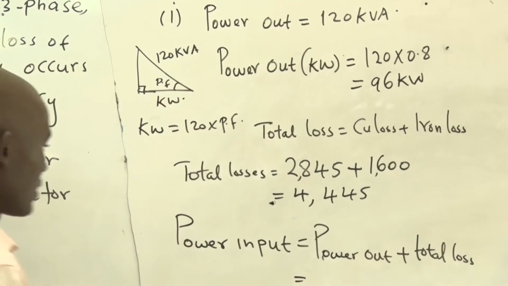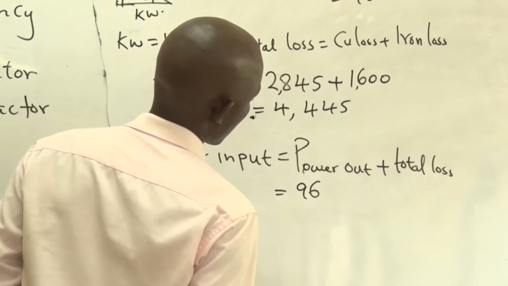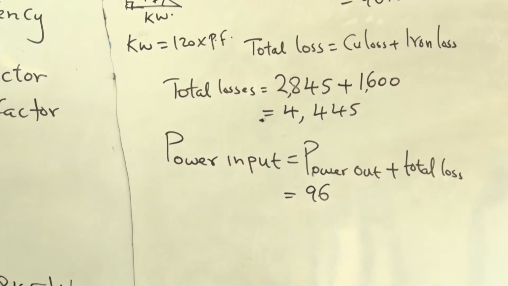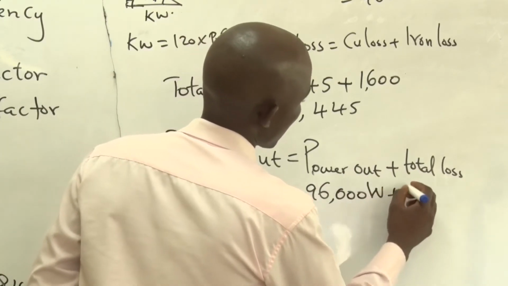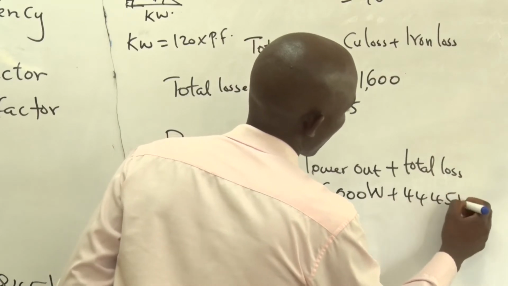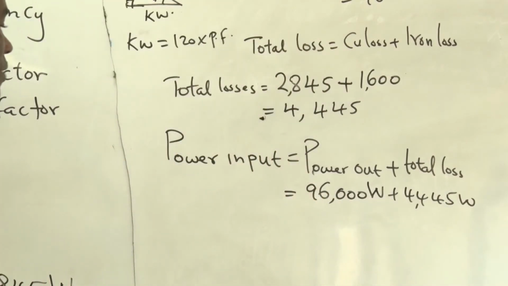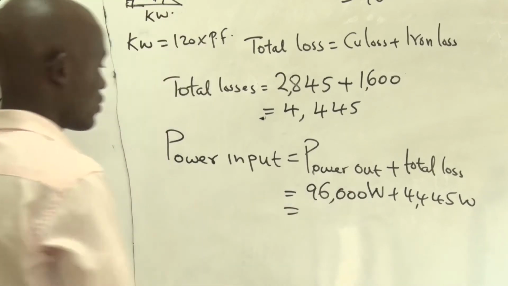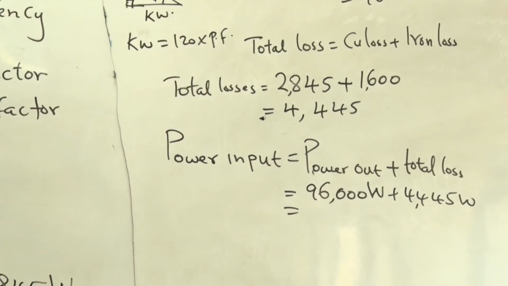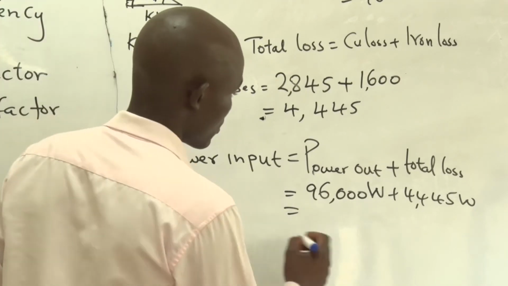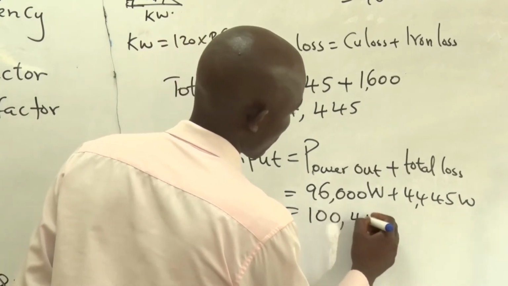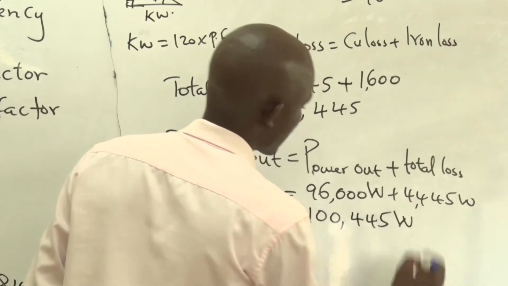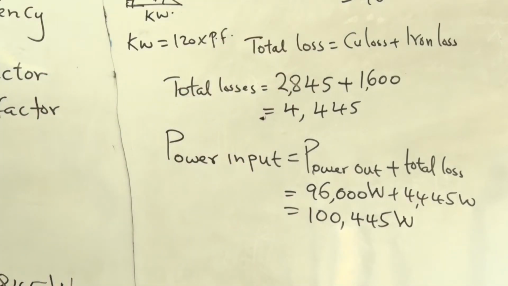The power output was 96 kilowatts, which is the same as 96,000 watts, plus 4445 watts. If you sum up the two, it should give you 100,445 watts. Now that is your power input.